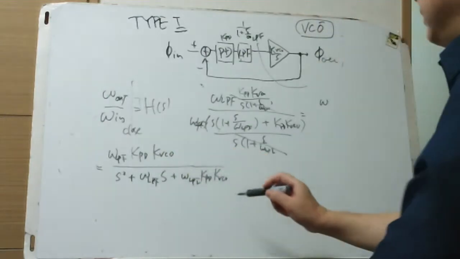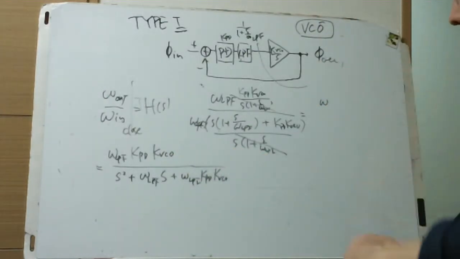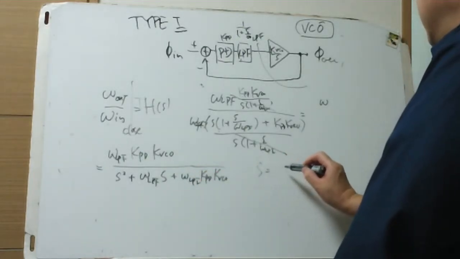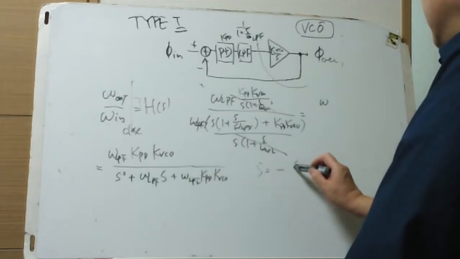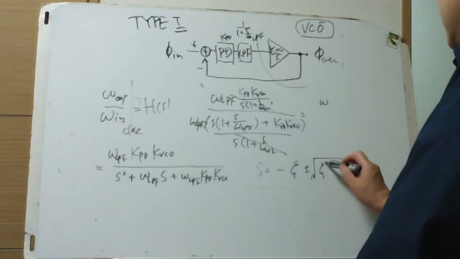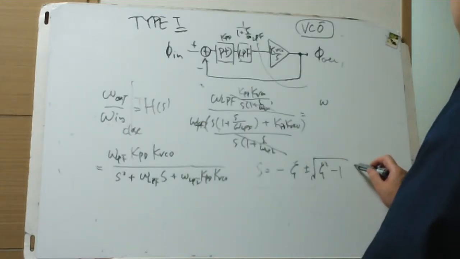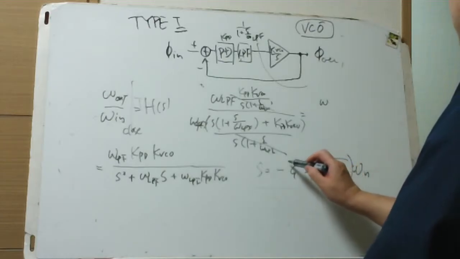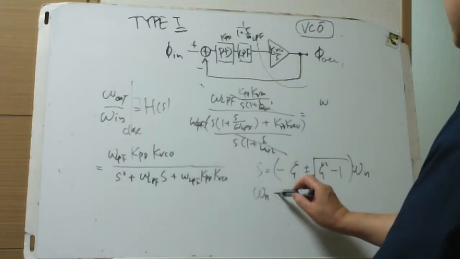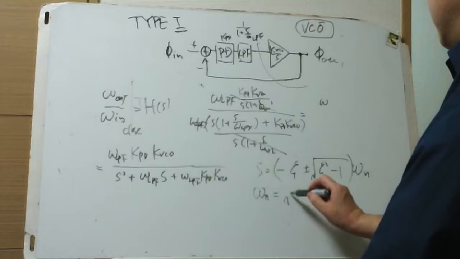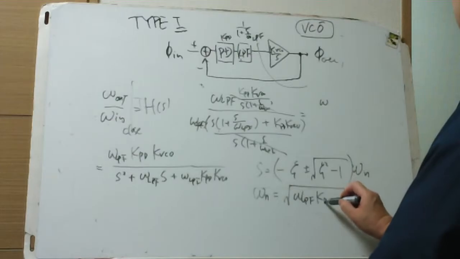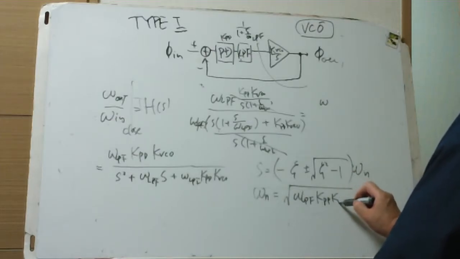This is second order, and s equals minus zeta plus or minus square root of zeta squared minus 1, times omega n, and omega n equals the square root of omega low pass filter times Kpd Kvco.